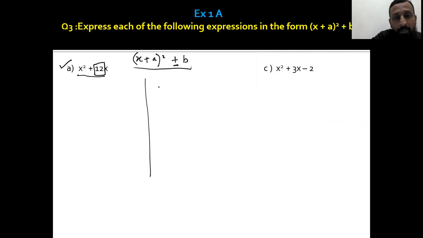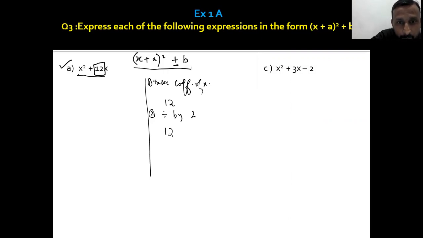So take this coefficient of x. I'm writing it here as we are doing it for the first time. Step number 1, take the coefficient of x. What's the coefficient of x? 12. Step number 2, divide it by 2.